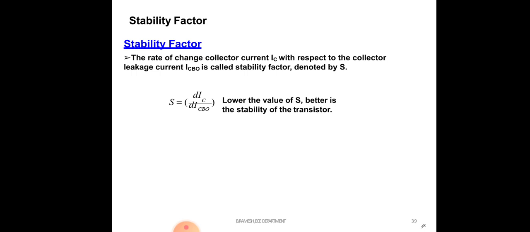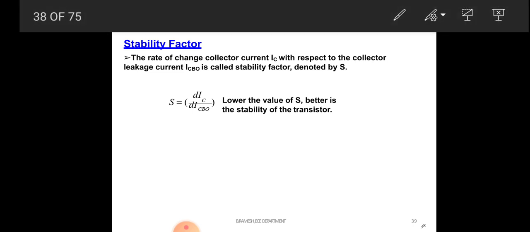Okay, if the stability factor is 1, that is nothing but an exactly undistorted signal. If the stability factor is more, the operating point shifts that much more.